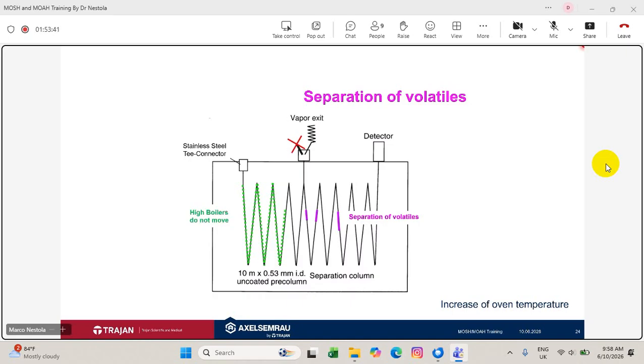Typically on a typical GC column, this length must not be longer than 20 centimeters. So when you're injecting into a typical GC column, you can start with about 20 centimeters. It gets broader in the end, so maybe you will have 25 centimeters, but this is giving you a nice peak. We have now an initial band of 7 meters, so 700 centimeters.